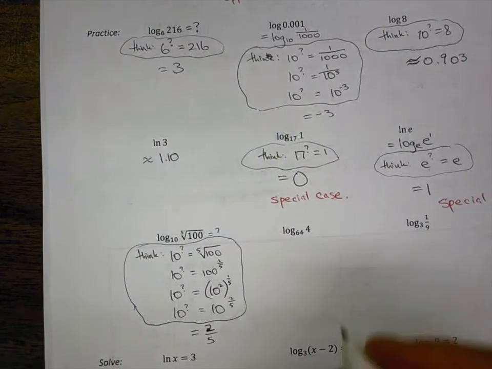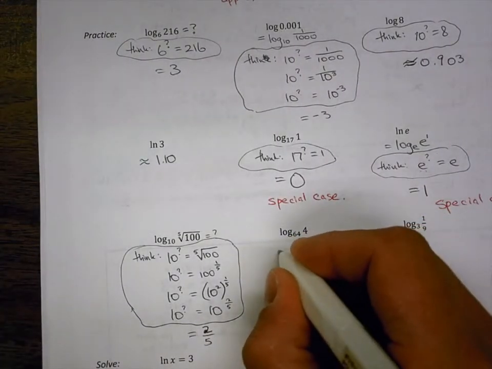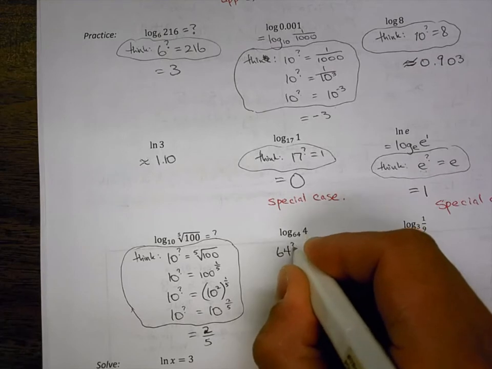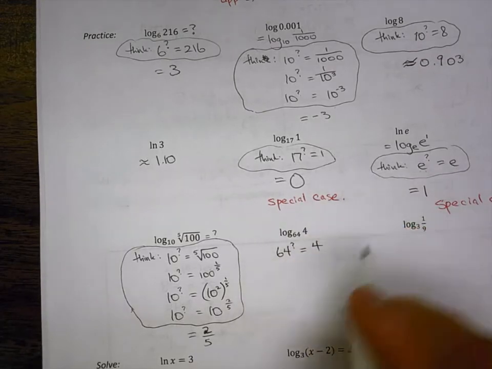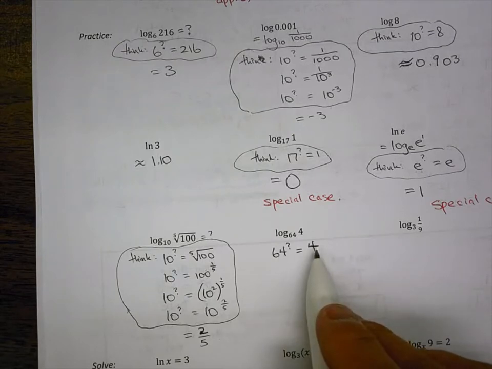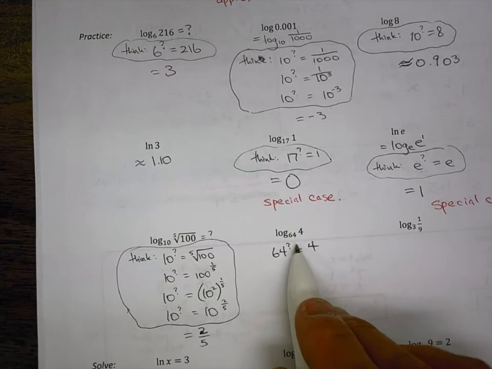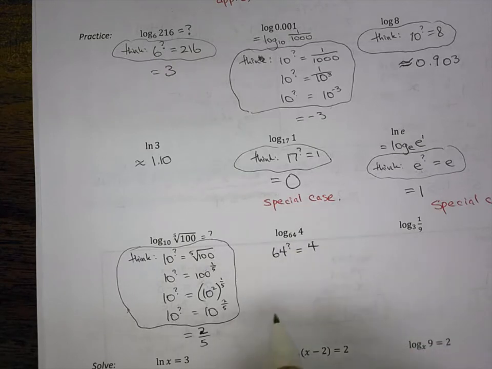Okay, what about log base 64 of 4? Well, this is going to be 64 to the power of what gives me 4? Ooh, this is another question where my base is a lot bigger than this number 4, so I assume this is going to be some sort of negative exponent. Let's see if I can figure it out.